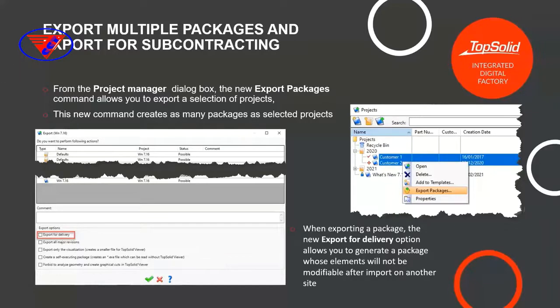But you want to block them from being able to modify your TopSolid data. They only are allowed to reference it. So you export for delivery this package. Then when they open it, they can see your data, they can open the data, they can reference the data, they can build new data off of that data, but they cannot modify it. So it's just a way to stay in control of your data. Okay?